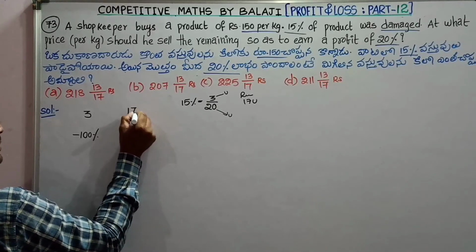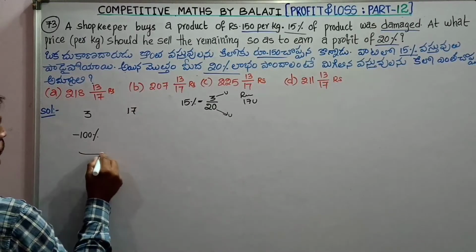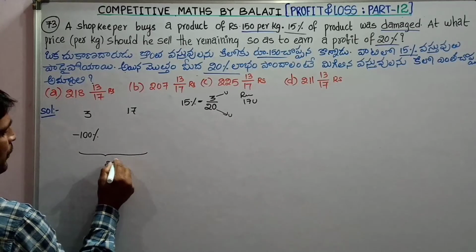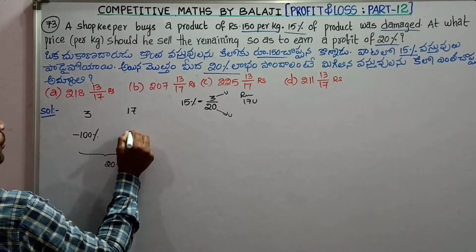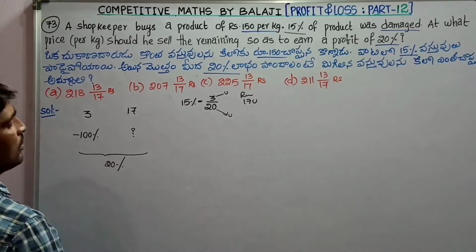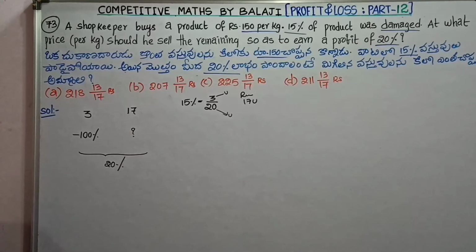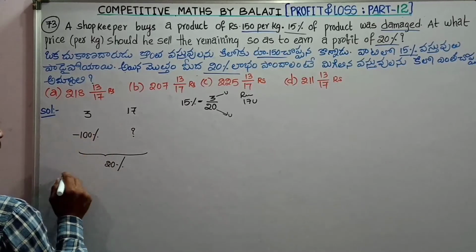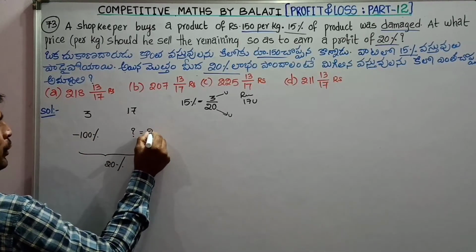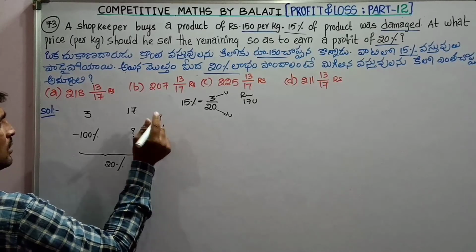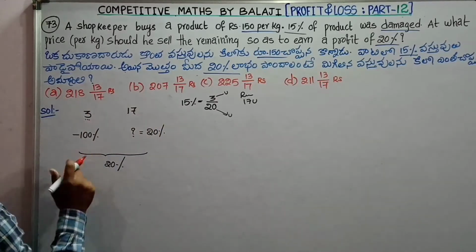Remaining are 17 units. To get overall 20% profit, how much per kg should the remaining product be sold for? Since we have to get overall 20% profit, 20% profit is a must on the remaining articles also.